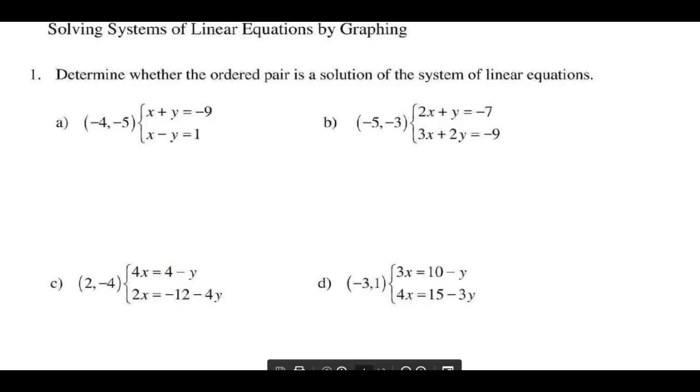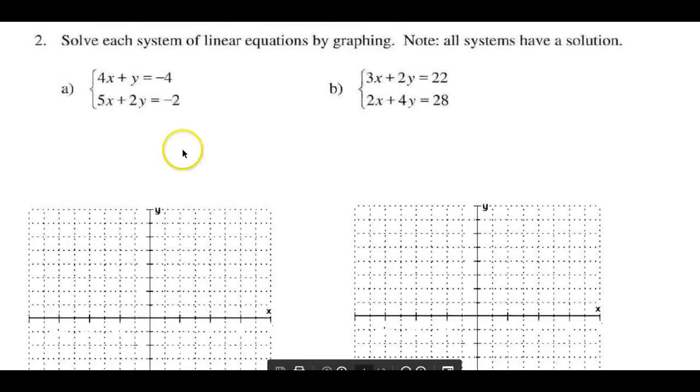Okay, let's go on. Now, these next two are rather a challenge because we are to solve these equations by graphing. When I did this before, I didn't have graph paper, so sketching them really doesn't do a good job.